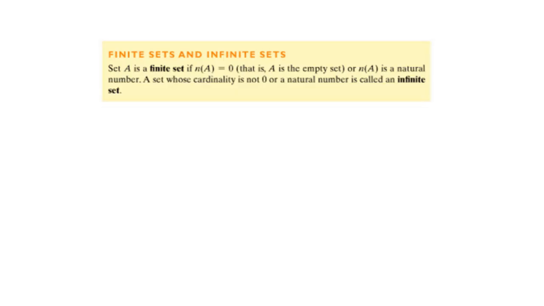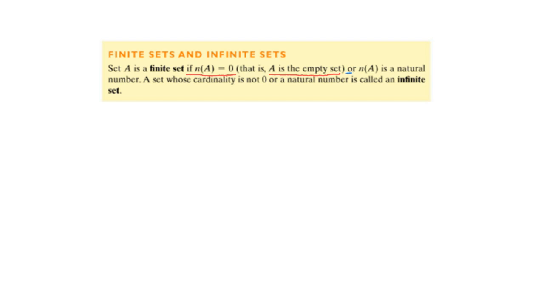The next concept we're going to discuss is finite sets versus infinite sets. So this definition says set A is a finite set if the cardinality of A is equal to 0. That is, A is the empty set. Let's look at that one more time. Set A is called a finite set if the cardinality is equal to 0, or it's equal to the empty set.